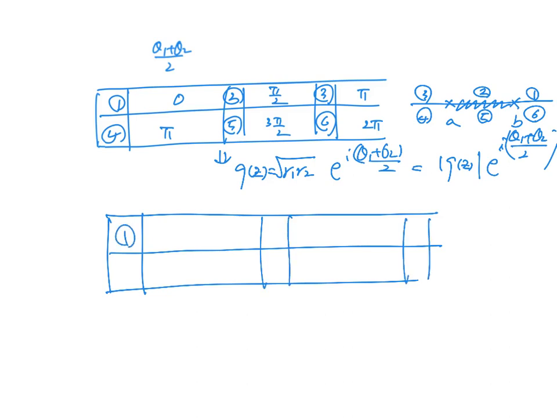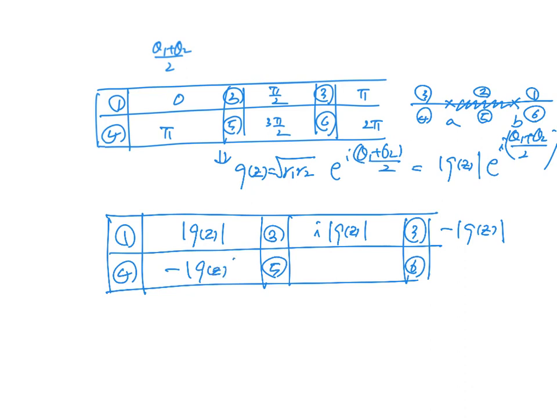Your function is changing, behaving very strangely. So in this region, we have simply g(z), i times g(z), minus g(z), minus g(z), minus i times g(z), g(z).